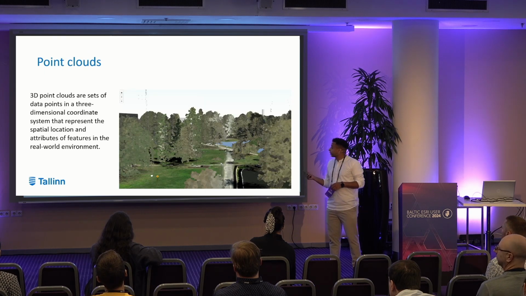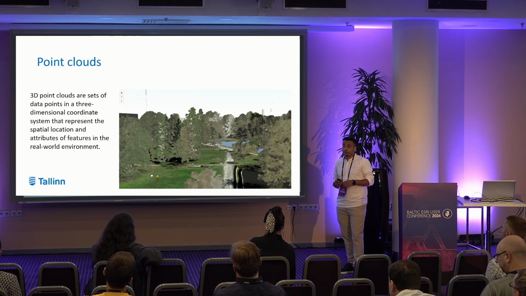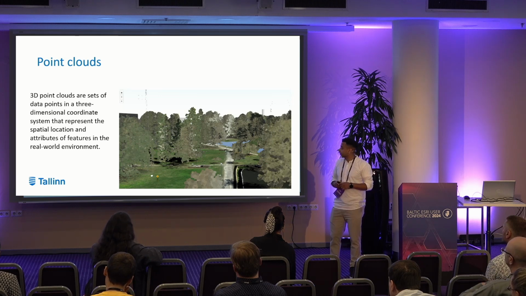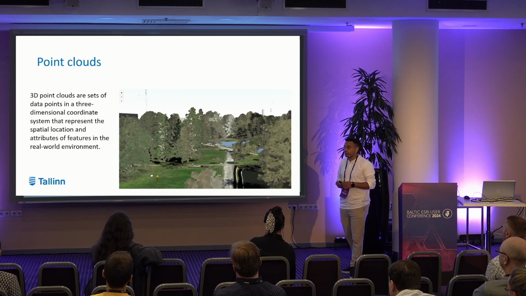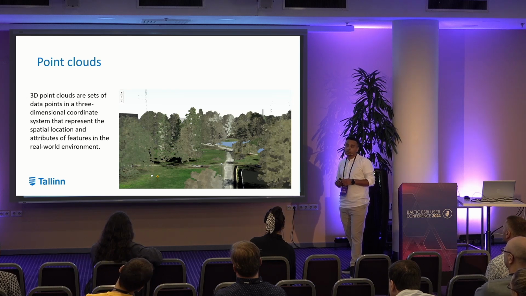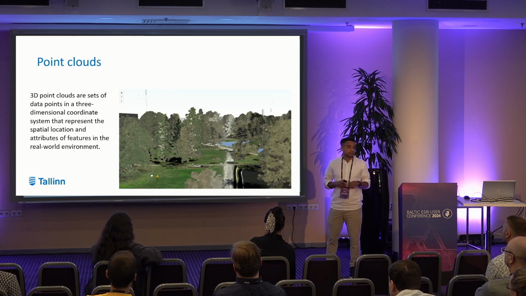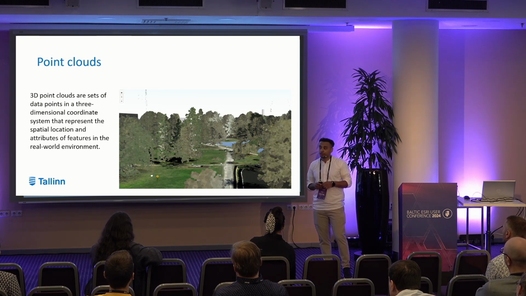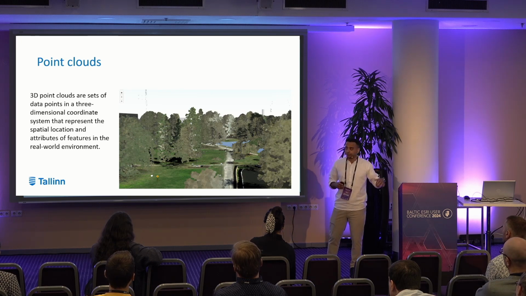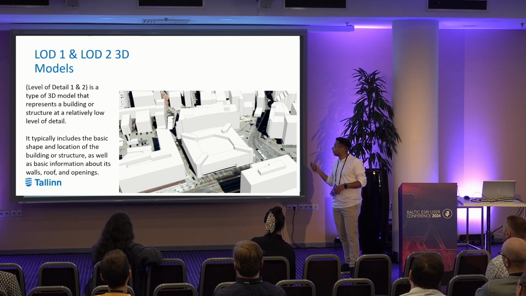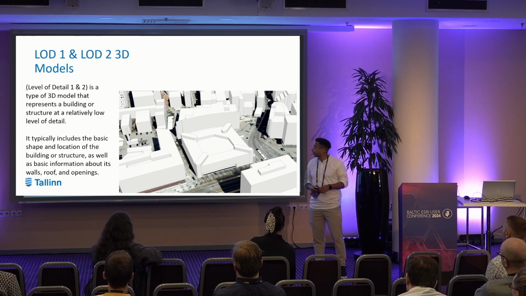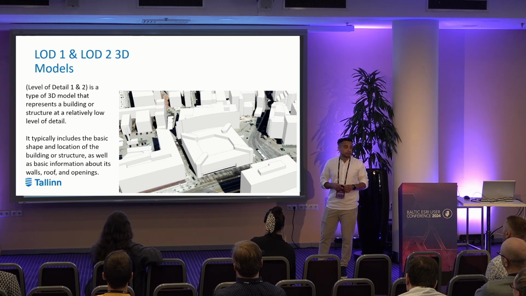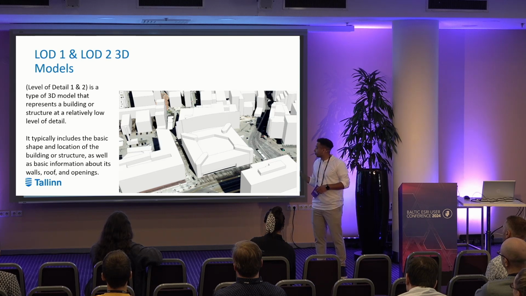And then we have point clouds, are covered and updated annually by Estonian Land Board, and we use them mostly for the ground elevation, as well as the shape of the roofs of other buildings, not the manually created ones, but the automatically generated ones, which is the third type of data that we're having, LOD1 and LOD2, and those are basically covering the entire Tallinn city apart from the old town.